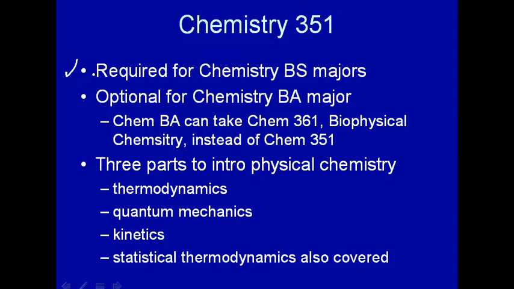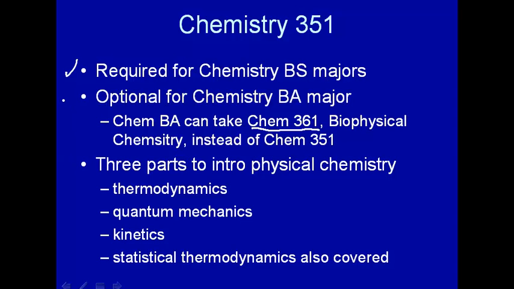If you are a Chemistry BA major, this is one of the two options you have to satisfy your one semester physical chemistry requirement. The other option is Chemistry 361, which is physical chemistry with a bent toward biology. It's biophysical chemistry.